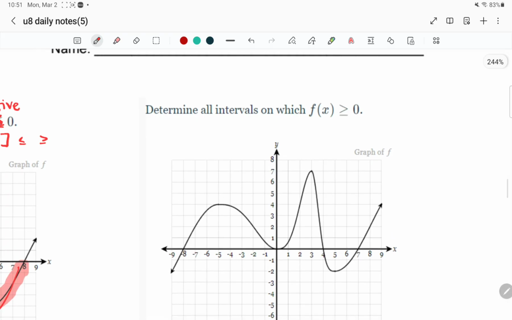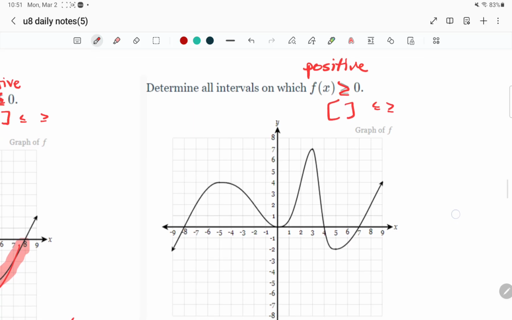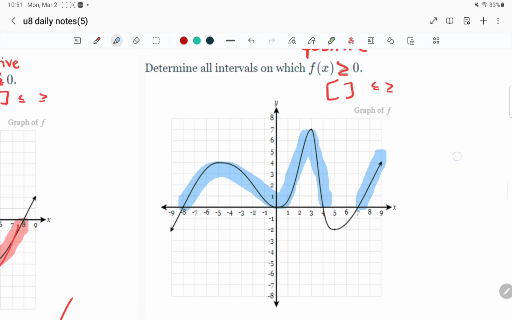Shall we try again? Okay, now we're going positive, right? That's greater than or equal to 0, so that means positive using the hard brackets or equal to symbols. So I want positive. I'm switching back to my blue. Everything's positive here, and then this last little tail.